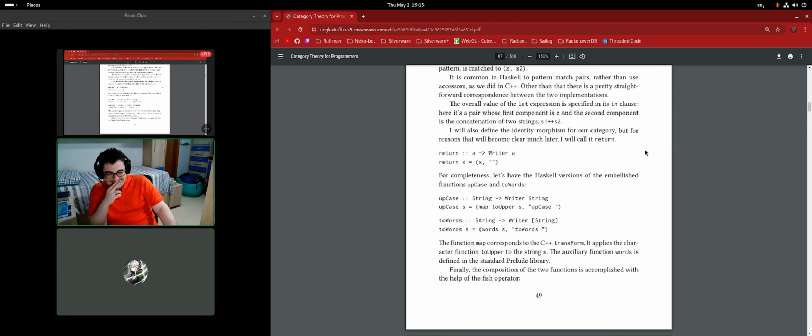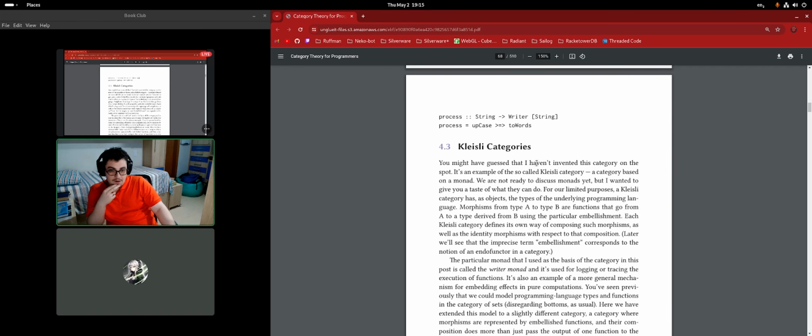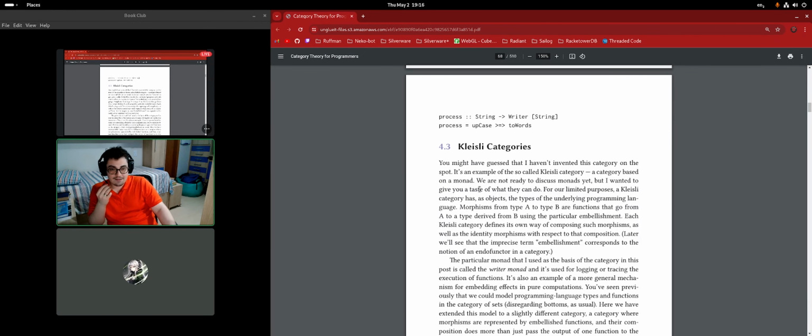Anyway, so then we have the same uppercase and words functions in Haskell, of course. And then apparently we talk about these Kleisli categories, which are based on a monad. I don't fully understand what he means by this specifically, because he made a writer, which is cool. But what exactly is the core characteristic of this type of category?